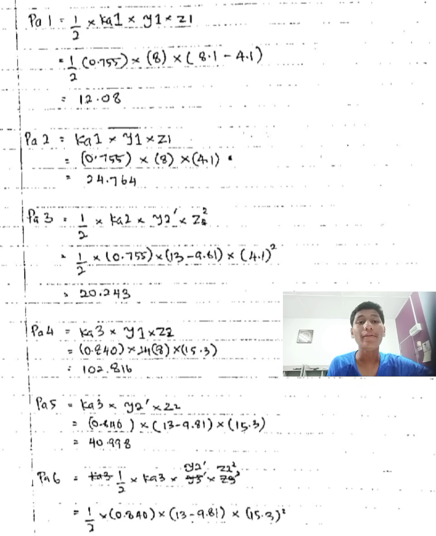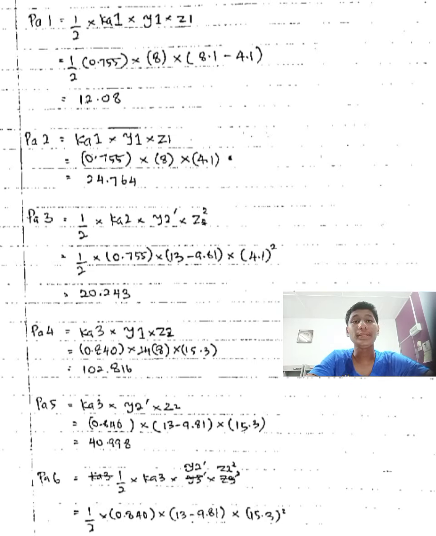For PA5, KA3 times gamma 2 prime times Z2, where 0.840 times 13 minus 9.81 times 15.3, the total is 40.998.